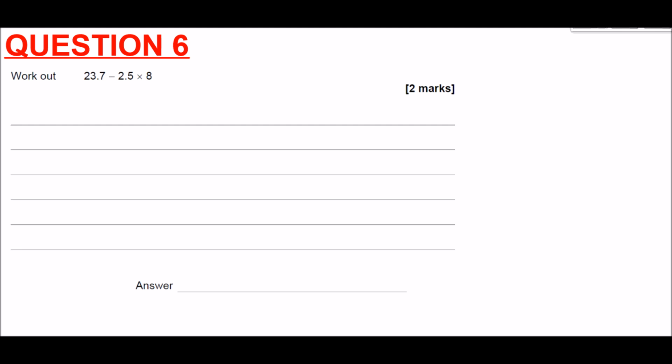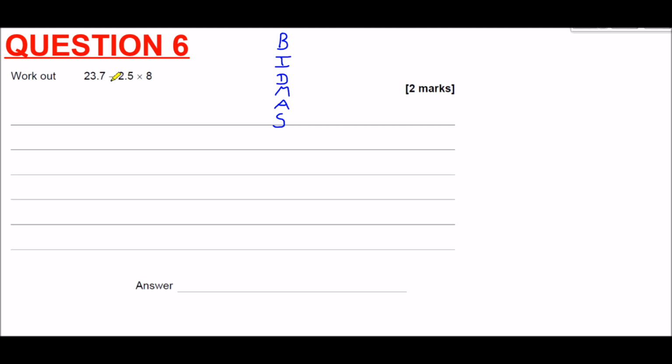Question 6, work out 23.7, subtract 2.5 multiplied by 8. What I'm going to do first of all is just remind us of BIDMAS. Why? Because we've got 2 different things to do. We've got subtraction and we've got a multiplication to do.